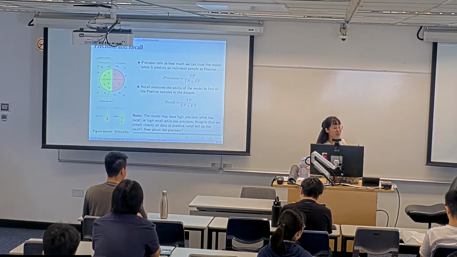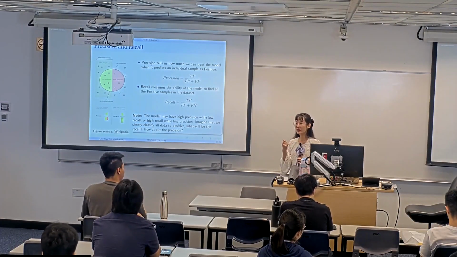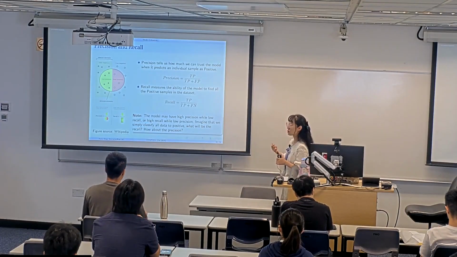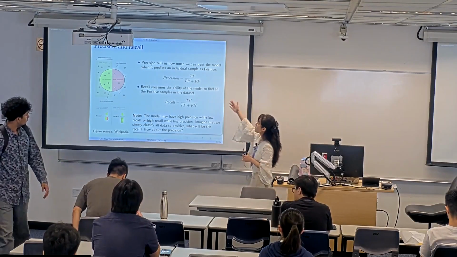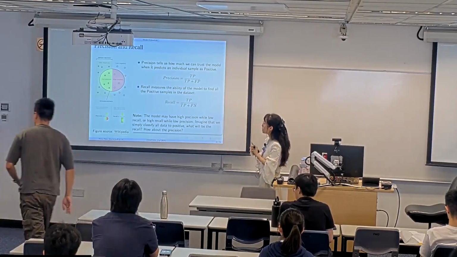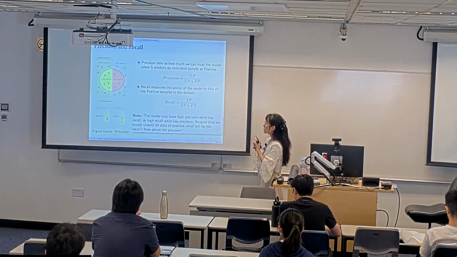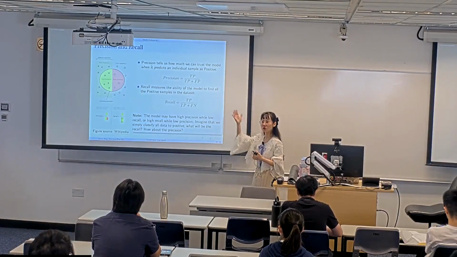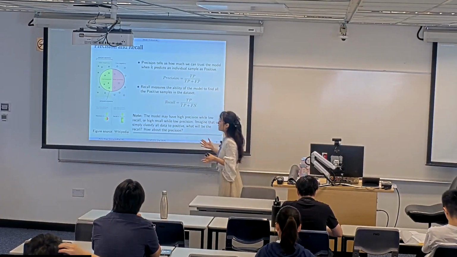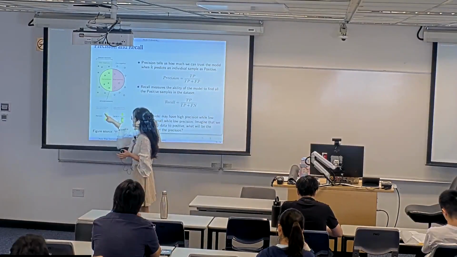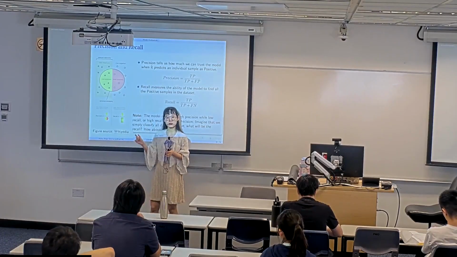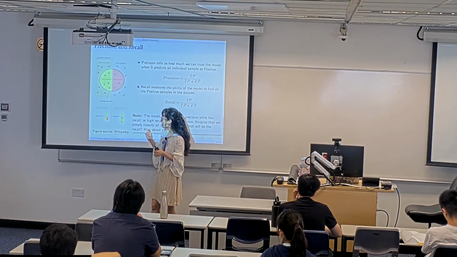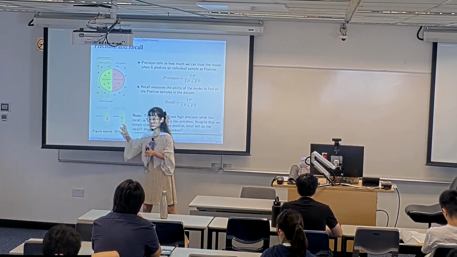All right, then let's examine what the formulas of precision and recall represent. We know that precision is true positive divided by true positive plus false positive. So if we look at this figure, precision is this left half circle divided by the whole circle.